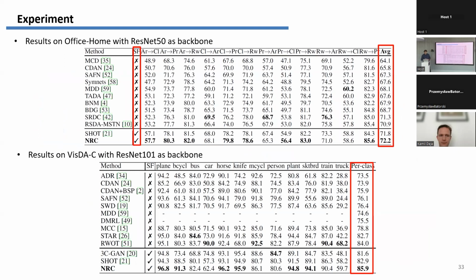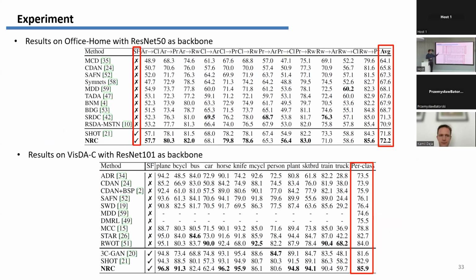So comparing with state of the art, we managed to outperform SHOT, and mainly on VisDA, you can see in the corner a reasonable jump, a 3% improvement. What is also interesting in this setting is that these top methods all use the source data in the adaptation.